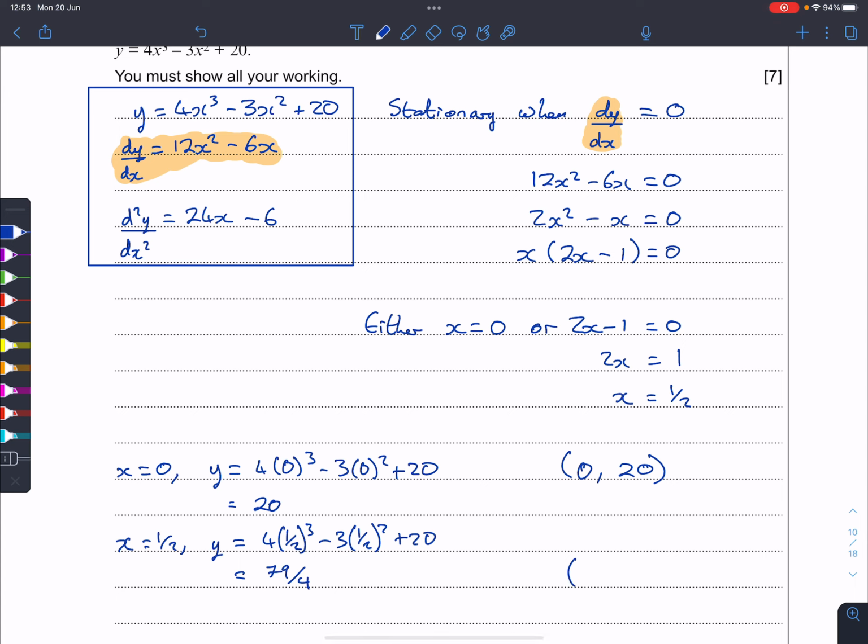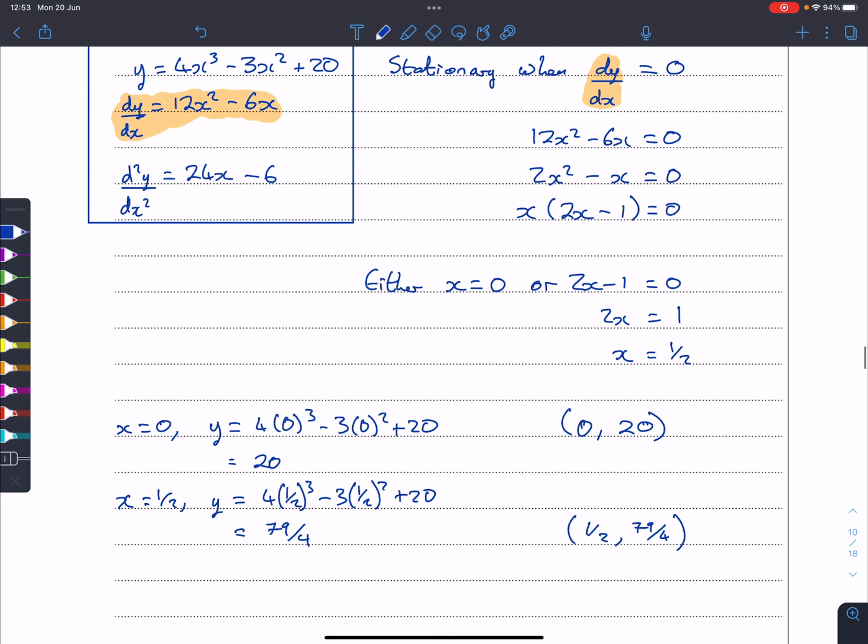I'd stick with the fraction rather than the decimal. So a half and 79 over 4. Okay, so they're my two stationary points. So those are the coordinates.